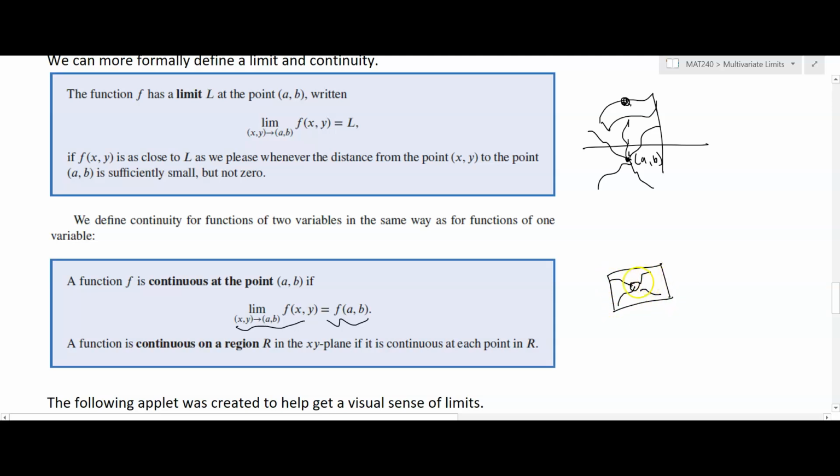Even though everybody will be able to see each other, because they'll be getting infinitesimally close to the same z value. So imagine that here's kind of our z-axis, and there's that hole. We can get infinitesimally close to it, but the hole's not filled, and therefore f of AB is undefined. So it's not continuous, but the limit does exist.